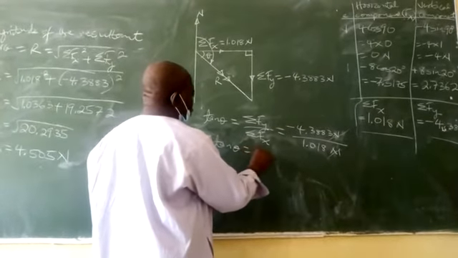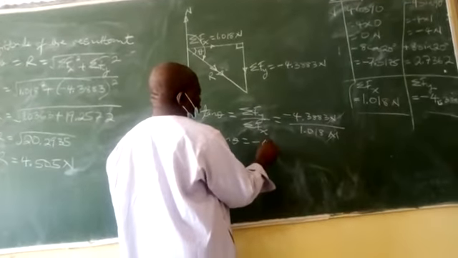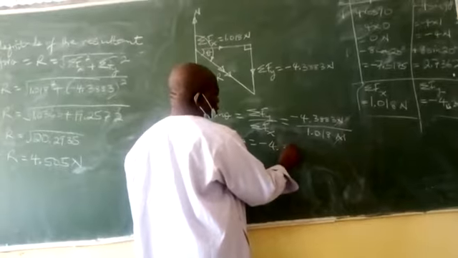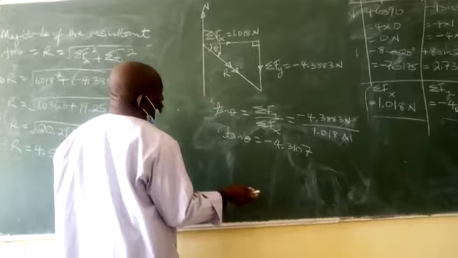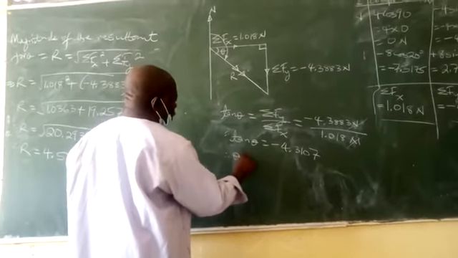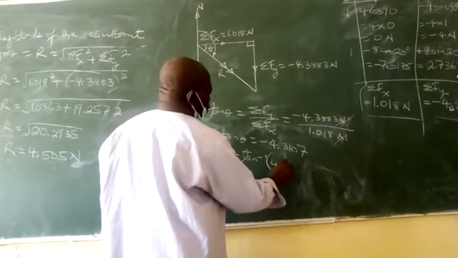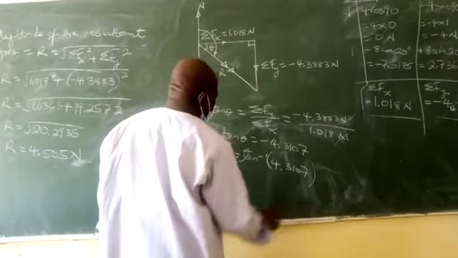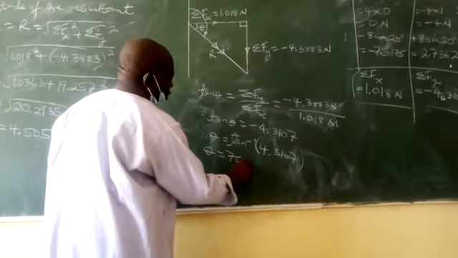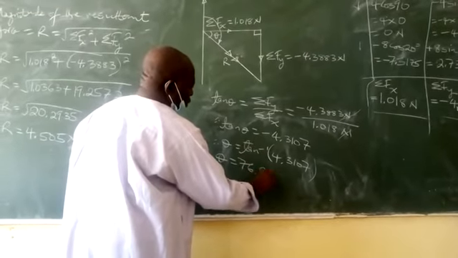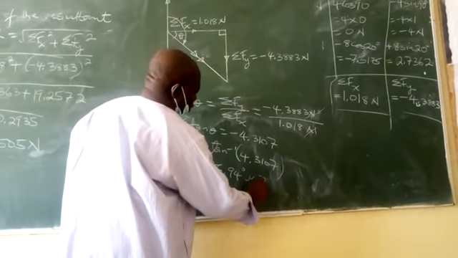Tan theta is equal to 4.3107. Ignoring the negative sign in order to get the acute angle, theta is equal to tan inverse of 4.3107, which is 76.94 degrees, approximately 77 degrees.